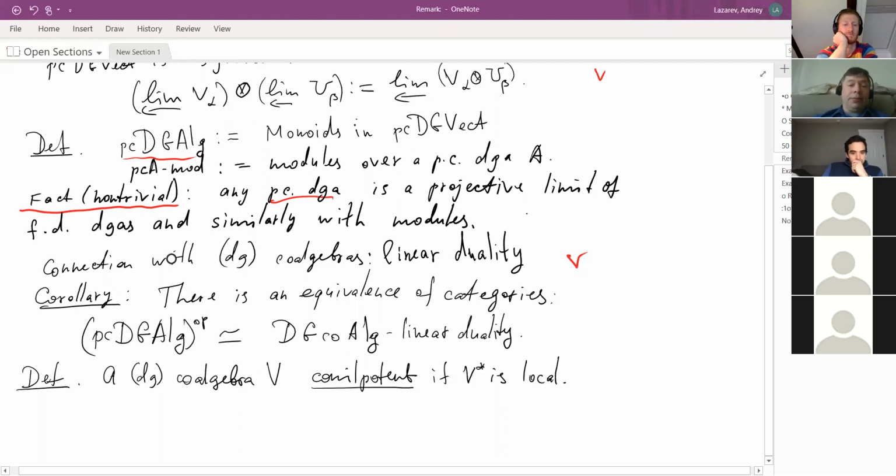So we have this equivalence of categories. And a differential graded coalgebra is called conilpotent if its dual differential graded pseudo-compact algebra is local. In other words, it has a unique differential graded two-sided maximal ideal.